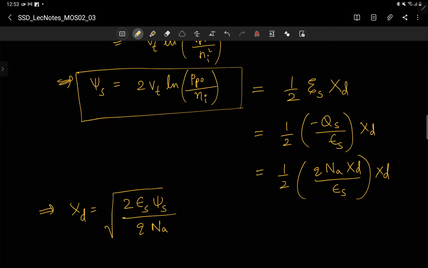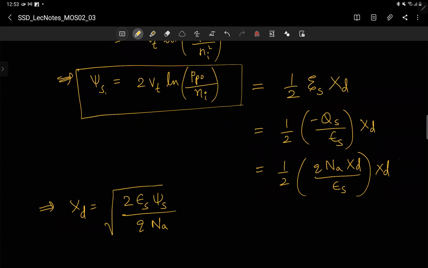Why? Because 2 epsilon s goes to this side, 2 epsilon s psi s, and q Na xd square is there. So you will get xd equal to root of 2 epsilon s psi s by q Na.